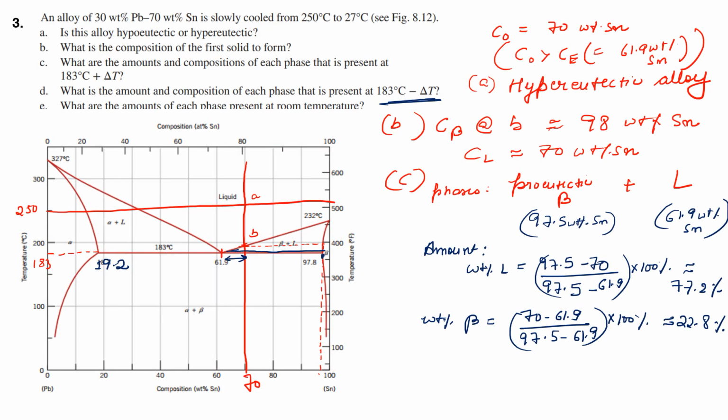This is part D. Part E is asking what are the amounts of each phase present at room temperature.